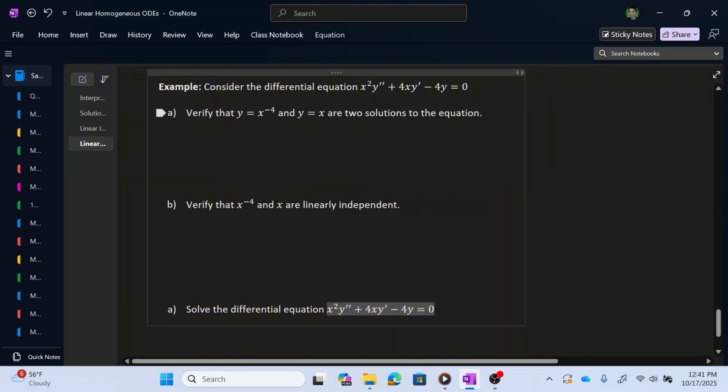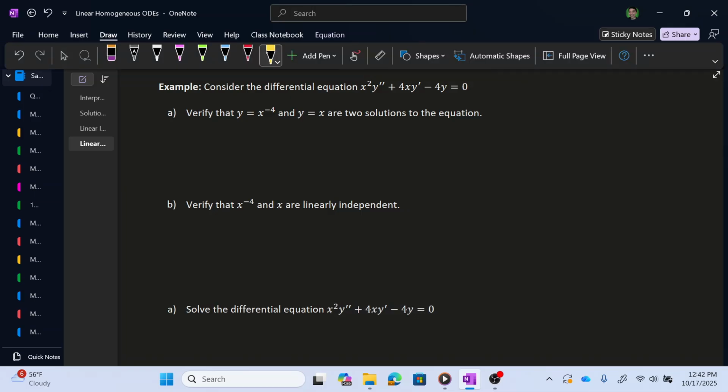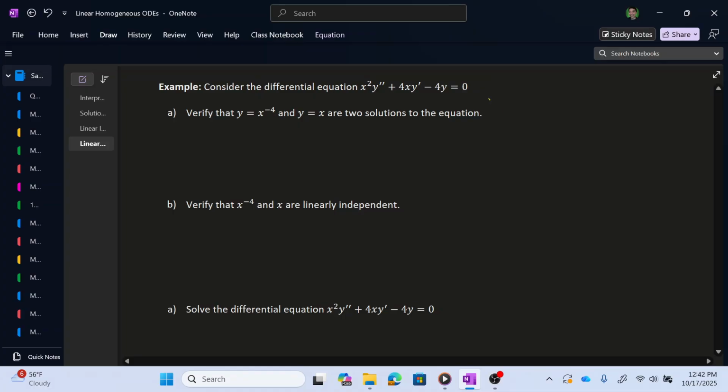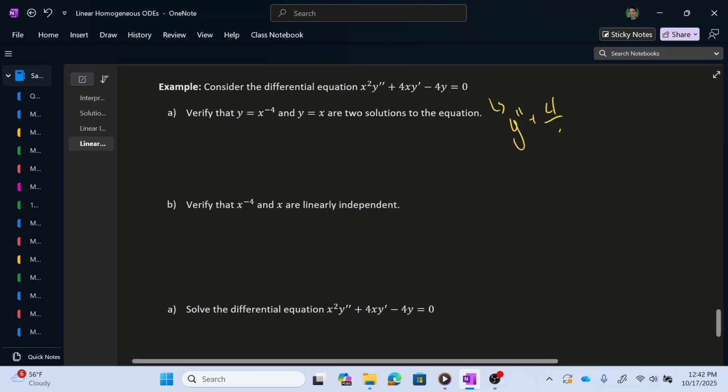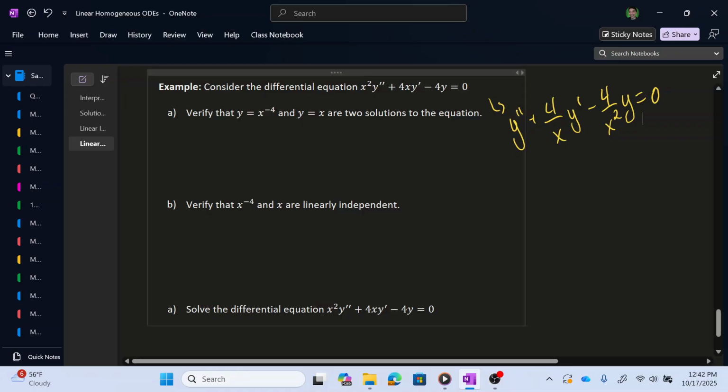Here we have x squared y double prime plus 4x y single prime minus 4y equals 0. Once again, we can see that this differential equation is linear homogeneous because if I divide all the terms in the equation by x, I see that this equation has exactly the correct format: a y double prime, some function of x times y single prime, some function of x times y with no primes, and equal to 0 on the right side.